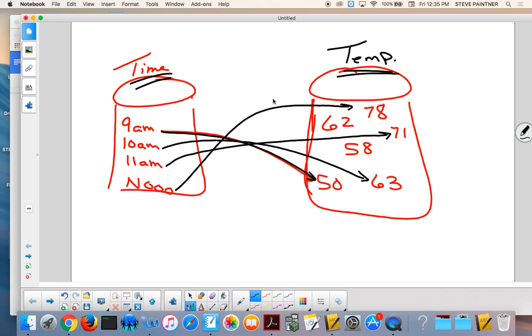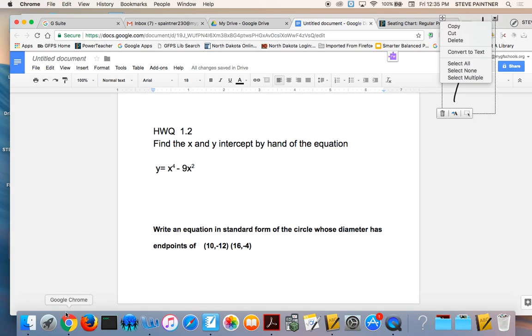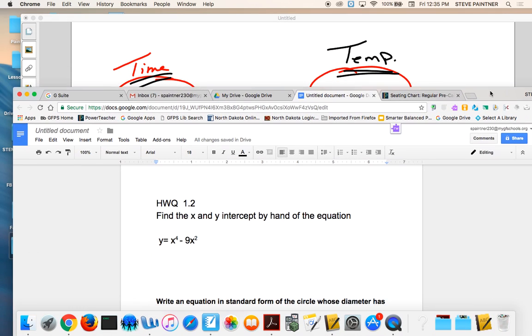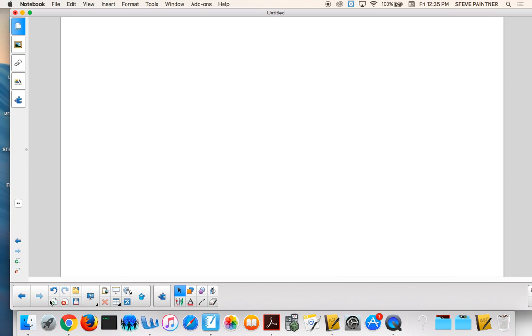Okay? First of all, it does say there's 4 characteristics of a function.